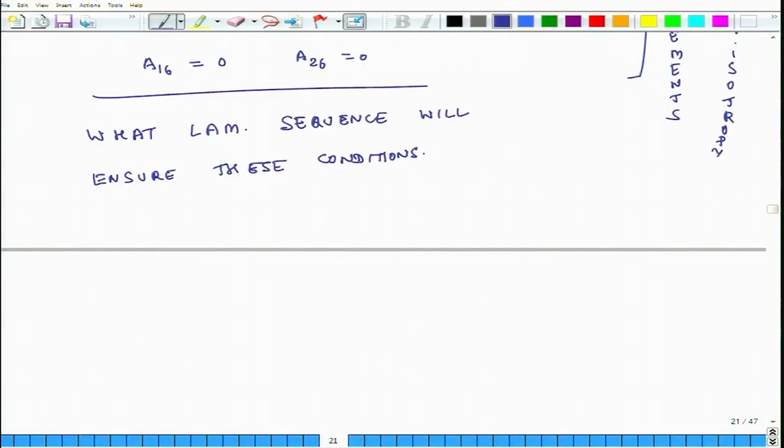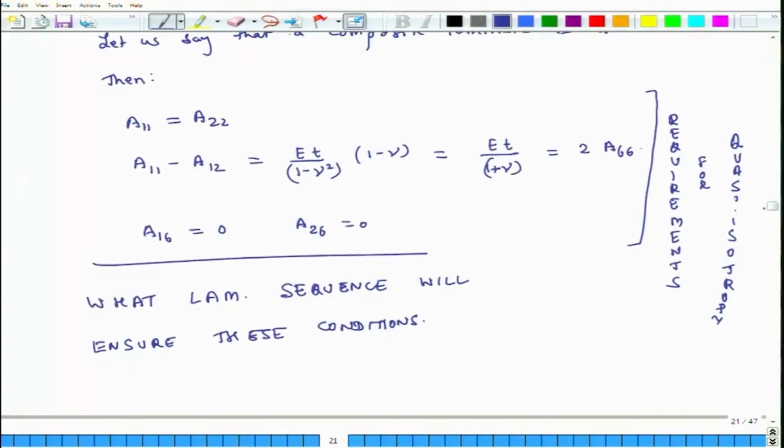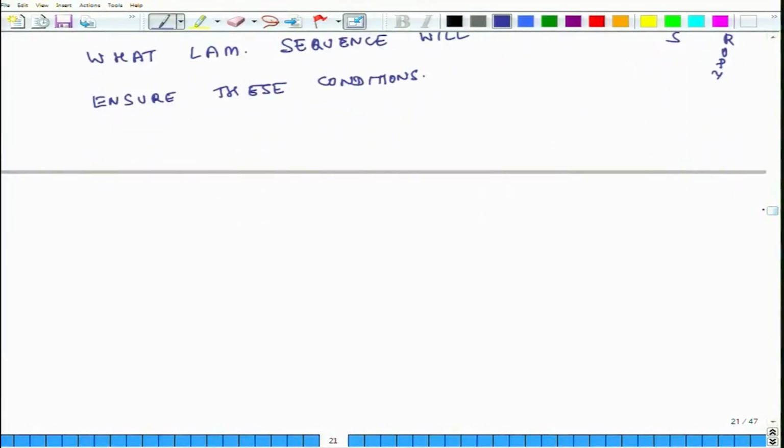So, people have looked at this question, and if you do some little bit of mathematical analysis, you come up with an answer, and the answer has 2 parts, and both of them have to be satisfied. First one is number of layers should be more than or equal to 3.